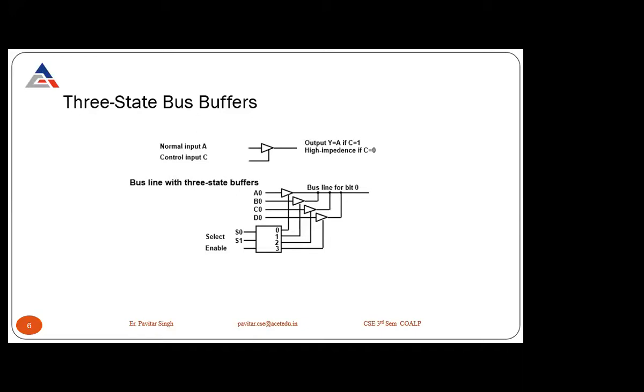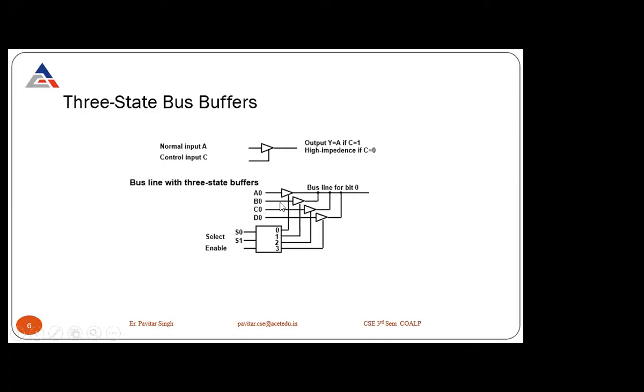So here you can see the block diagram, bus line with 3-state bus buffers. So this is the simple stage for it. If you have 4 bits of registers, you have 4 circuits of this similar type, right? If you have to put 4 bits of data onto the bus line, this single circuit represents 1 bit.